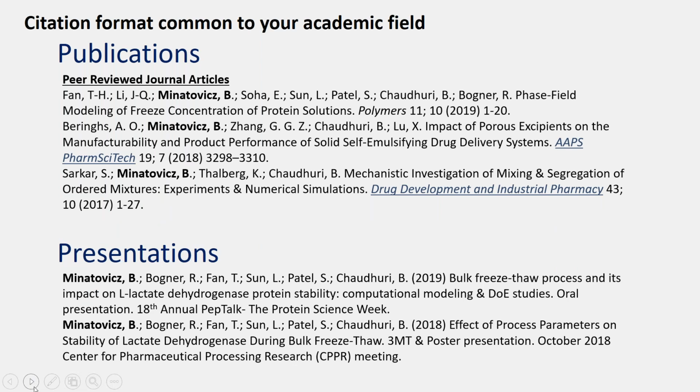So for example, in a publication section, maybe you have peer-reviewed articles listed, and then you have another section within publications that says something like invited book chapters. Think about how to make the information easy and accessible for the human reader. And then similarly for presentations, you might have a section called poster presentations or another section called invited talks.